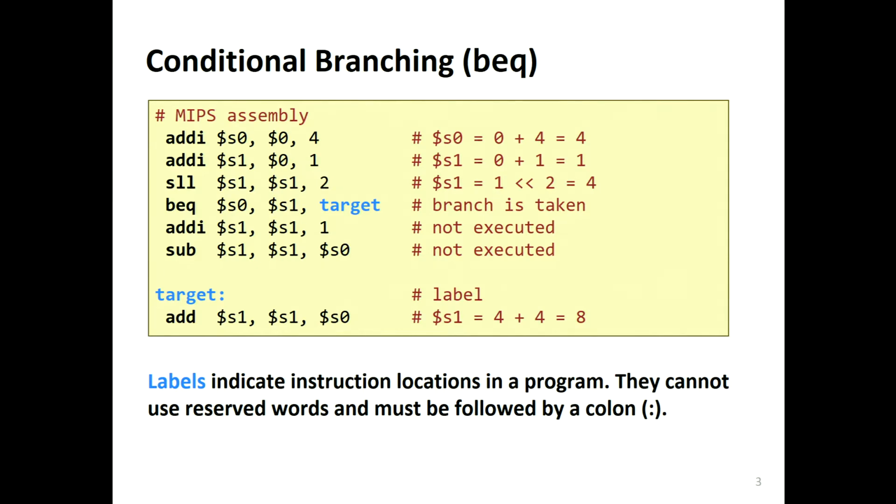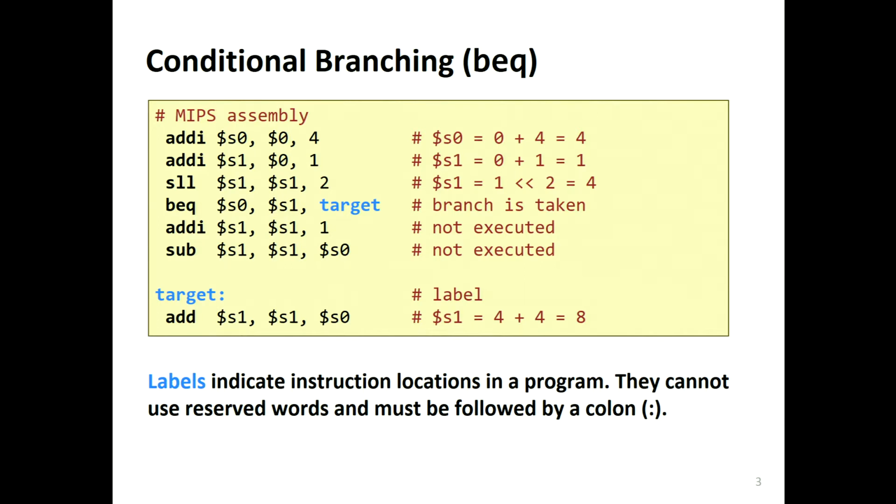And then if you set a branch equal instruction on both of these registers, S0 and S1, and jumping to target if they are equal, it would jump all the way over here in actual execution because both of these numbers are exactly the same. Okay, so labels indicate the instruction locations in the program.